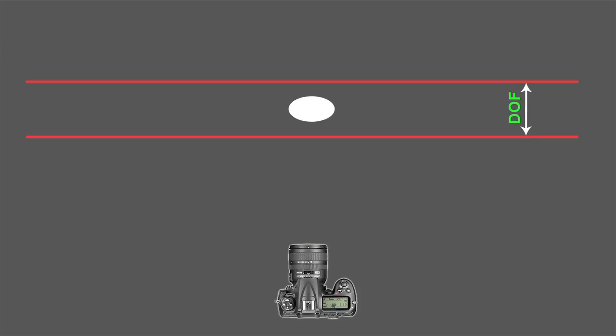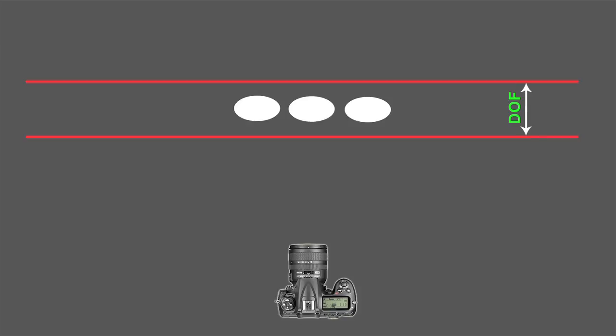Everything before the red line, closer to the camera, will be out of focus, and everything behind the second red line will be out of focus as well. So the distance between those two red lines is the depth of field.